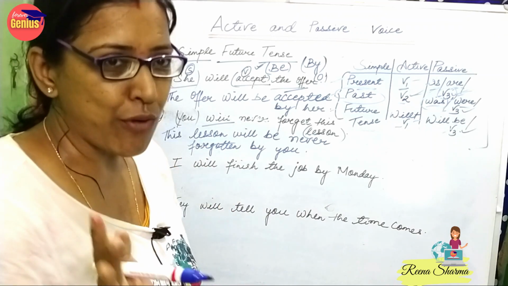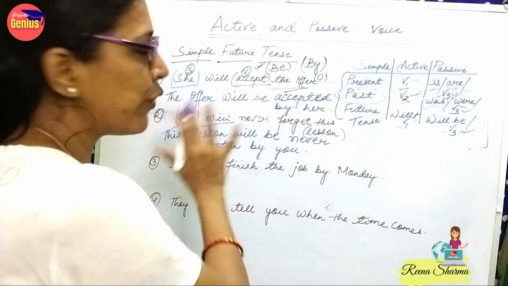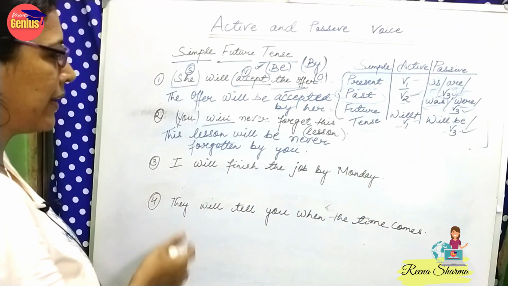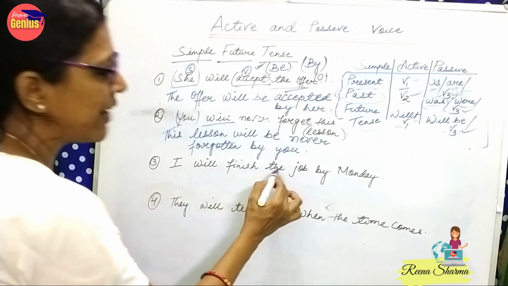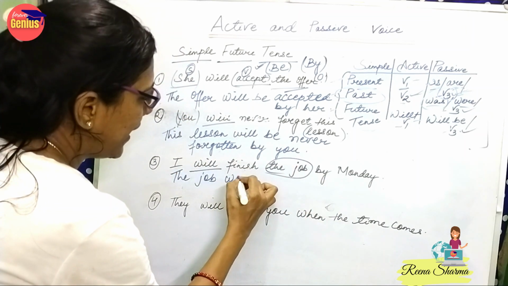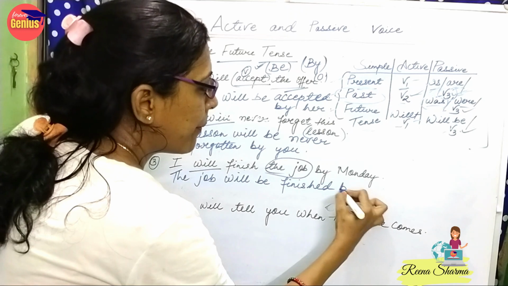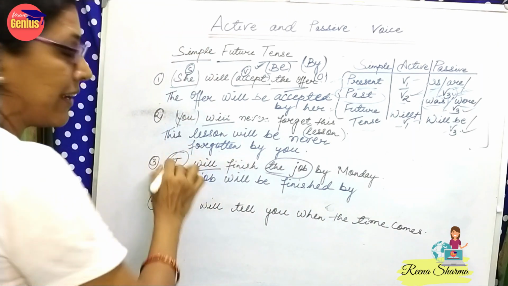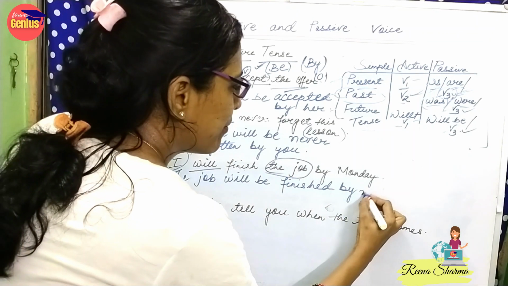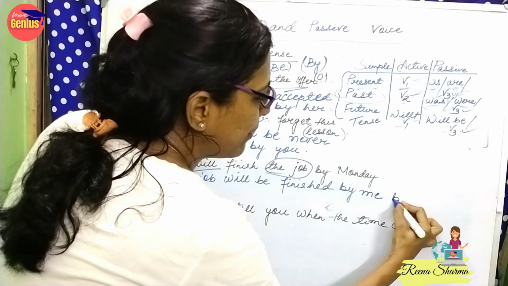Will you also change the form of you? No, you will be intact. I will finish the job by Monday. So 1, 2, 3, 4, the job. So the job will be finished by, not I. What? Yes, me. By me, by Monday.